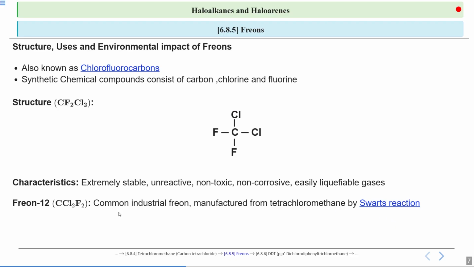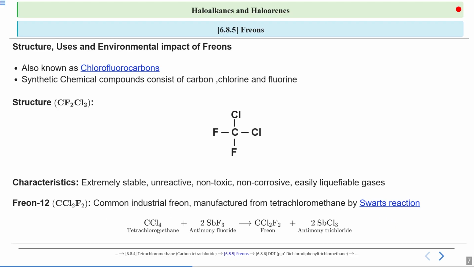What is this reaction? We take tetrachloromethane, a single carbon compound having 4 chlorine atoms. When you react this tetrachloromethane with antimony fluoride, 2 molecules of SbF3, they cause the formation of freon, that is CCl2F2, plus antimony trichloride, SbCl3. 2 molecules of SbCl3 will be the byproduct in this reaction.